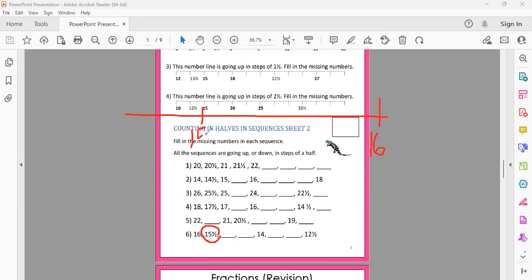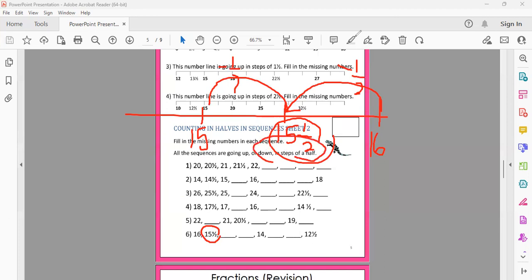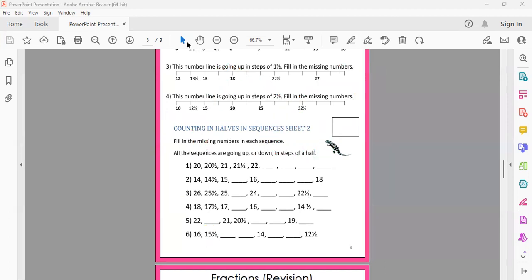So you have here 15, and here it's 15.5. So it's not really 1.5, it's half only. So it's going down in halves, minus half. Go down another half, then only you will reach 15. So all this is going down in steps of halves only. Now, that's your page 5.